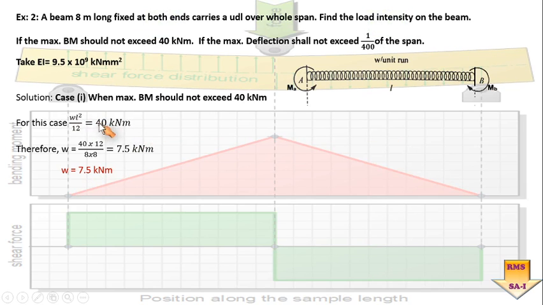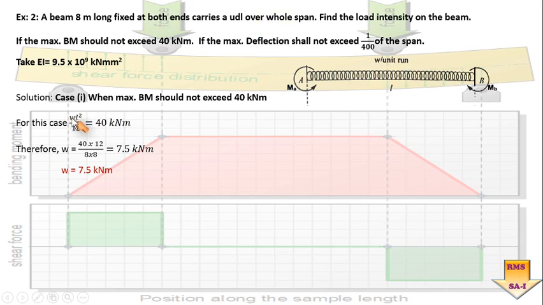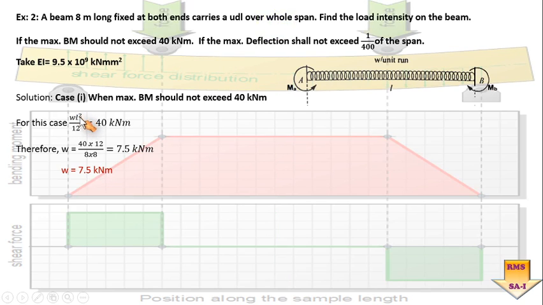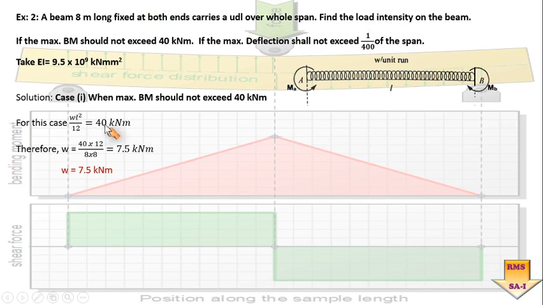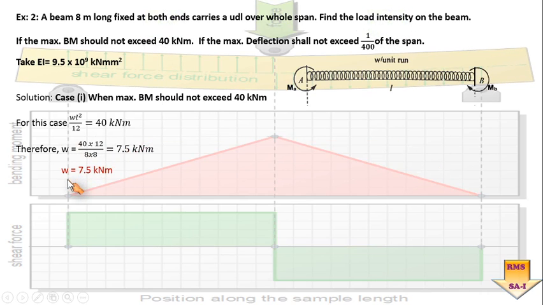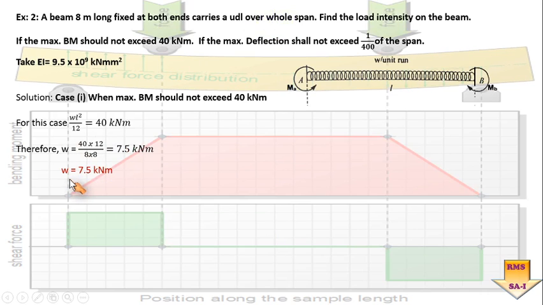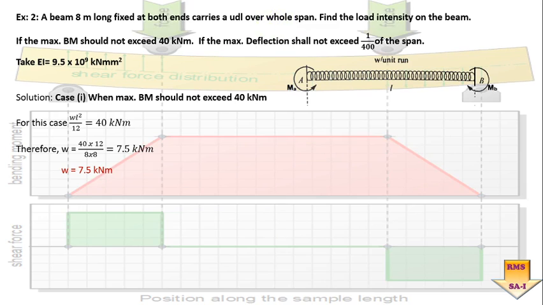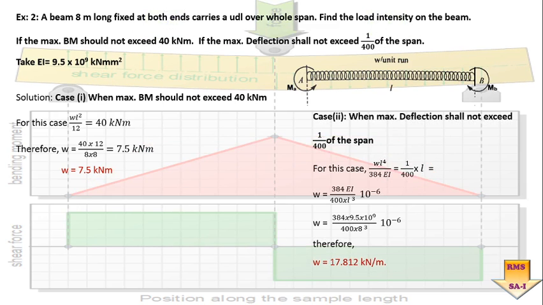Putting these values in this equation, we are required to find out the value of W. I know L is 8, so W times 8 square divided by 12 is equal to 40. By doing the mathematical part, ultimately I'll have a magnitude of UDL equal to 7.5 kilonewton per meter.